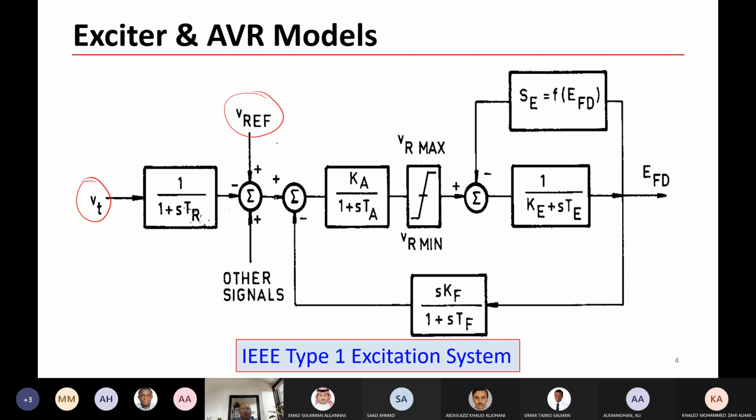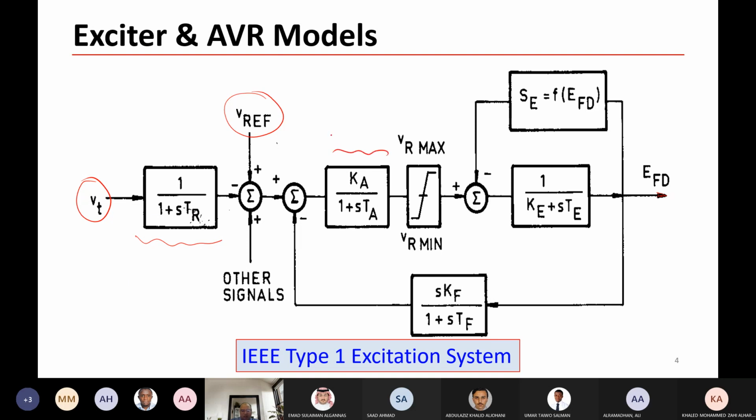If you have any error, then this error will be propagated here, and you can control the field voltage in order to bring the terminal voltage back to its reference value. Usually you have some measurement devices or a filter, so you can model the filter here as such.